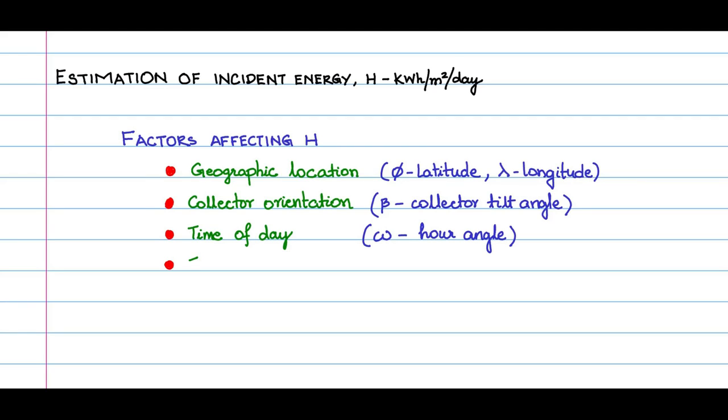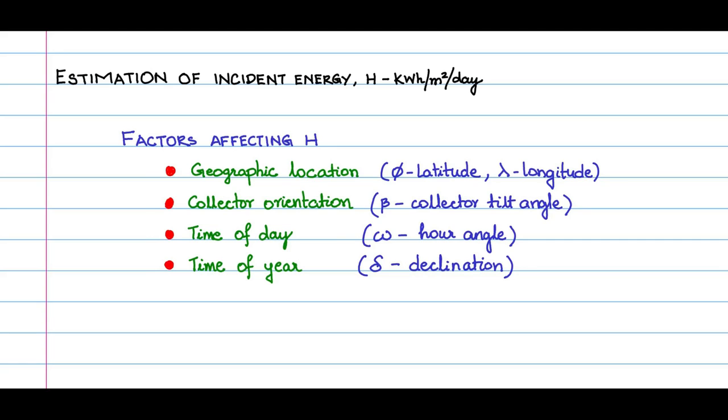Another effect is time of year. This is another factor which seriously affects the value of the incident solar energy. We represent this by the symbol delta, and it is called declination. I will explain later what declination is, but this is an important parameter. This actually represents the seasonal variations and the seasonal effects on the incident solar energy.